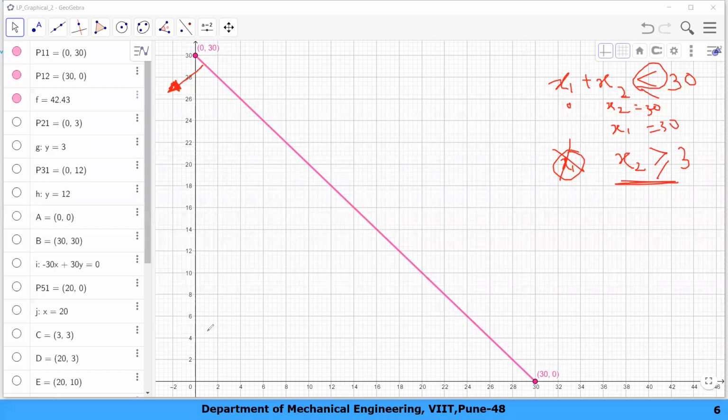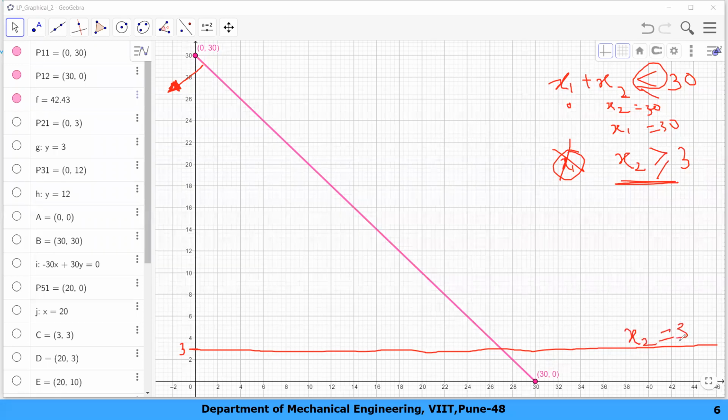So x2 equal to 3. Okay, यहाँ पे आपका 3 है. Draw a line. As x1 is absent from this equation, it will be a line parallel to the horizontal or x-axis.